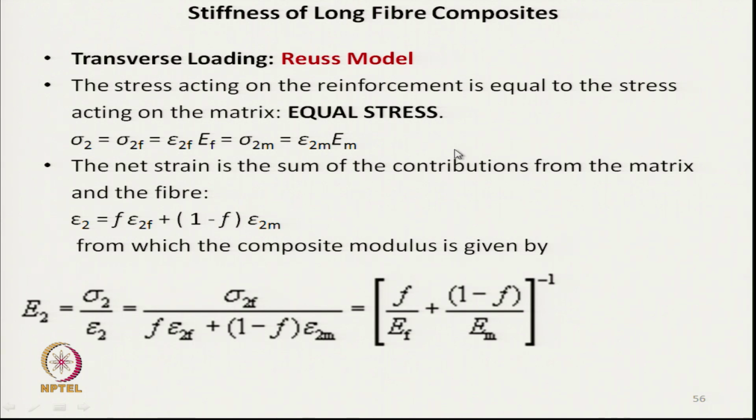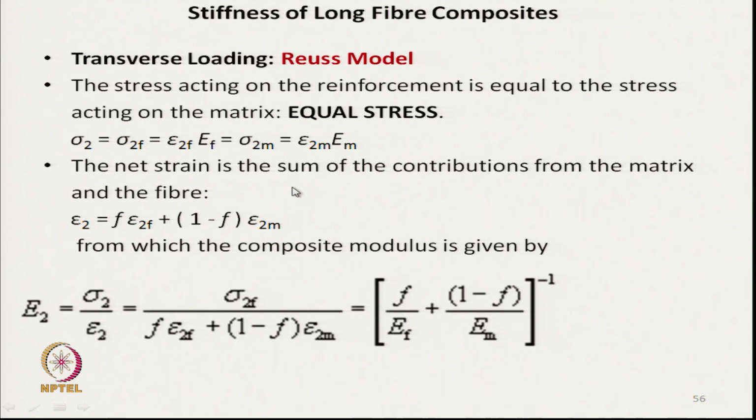In the earlier case, it was assumed that the strain of matrix is equal to the strain of the fiber. Here stress is assumed to be equal: the stress on the composite is equal to the stress on fiber, equal to the stress on the matrix.